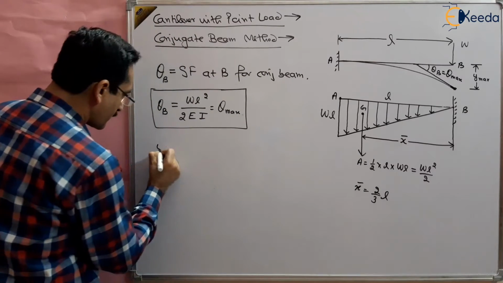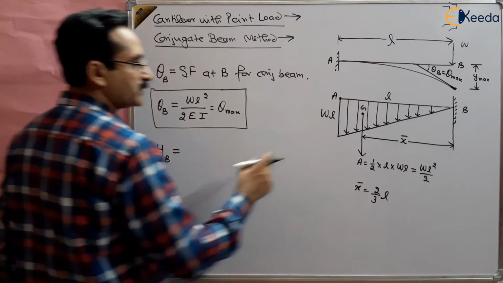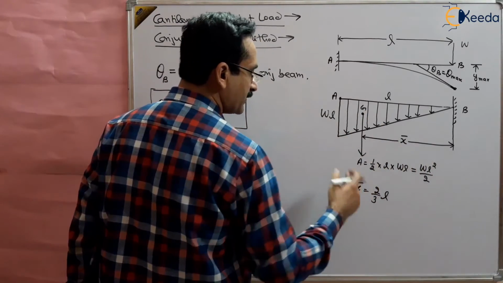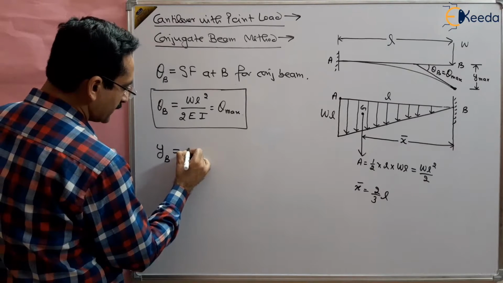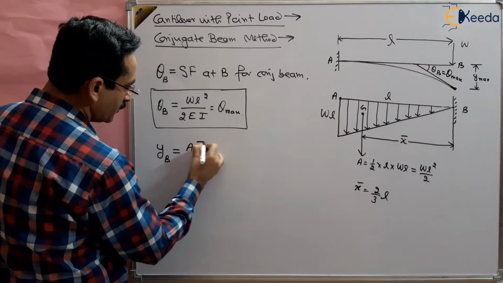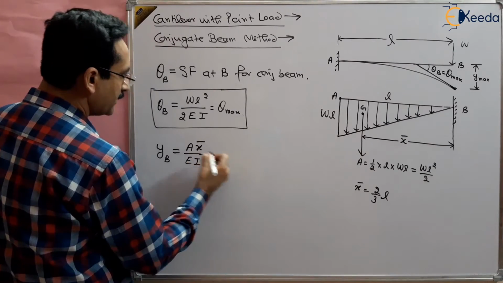So YB will be equal to the moment of this area divided by EI. So this is A X bar basically, the moment of this area divided by EI.